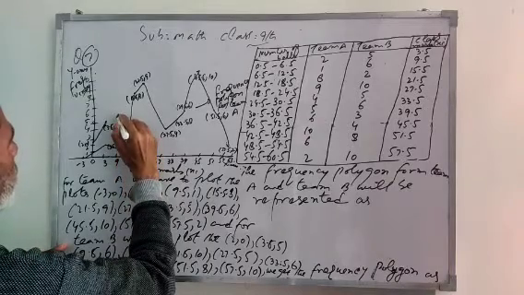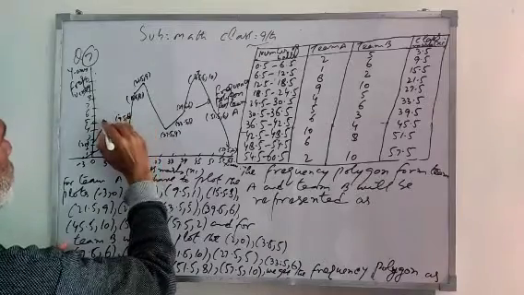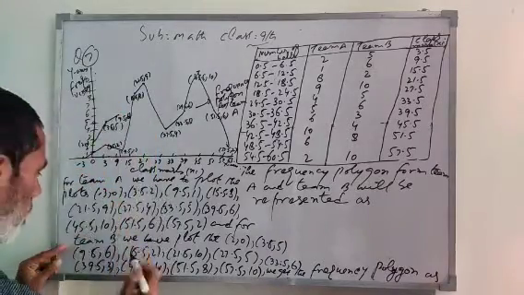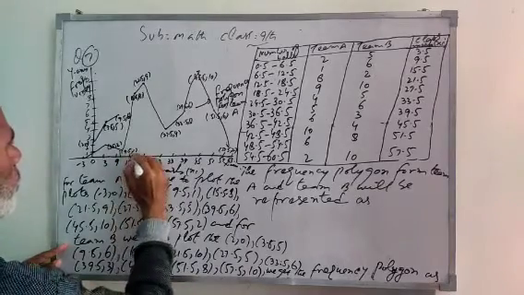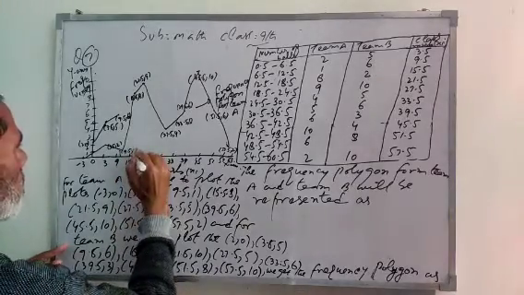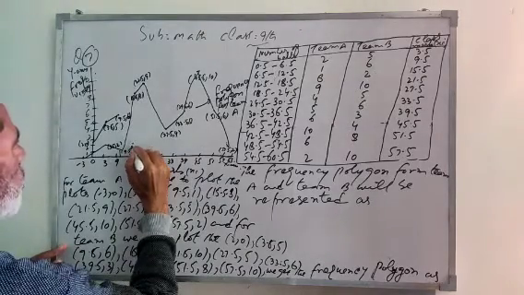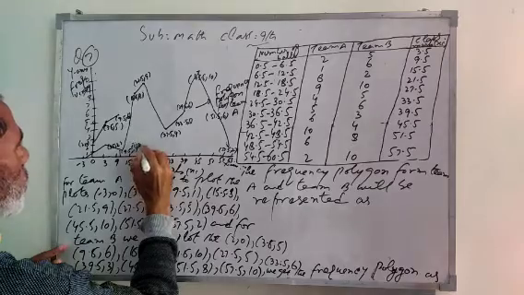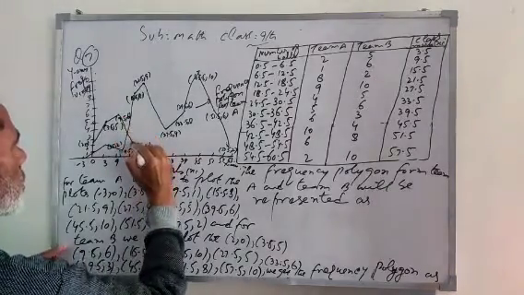This is second point, 9.5 comma 6. We will join these two. 15.5 comma 2. 15.5 is here, 2 is here. And this is joined.